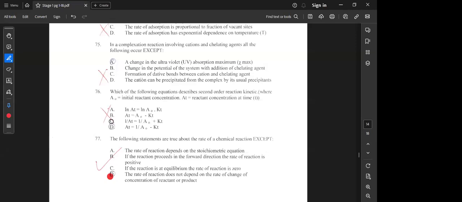So, yeah. Which of the following equations describe second order reaction kinetics, where A0 is the initial reactant concentration and A is the reactant concentration at time t?